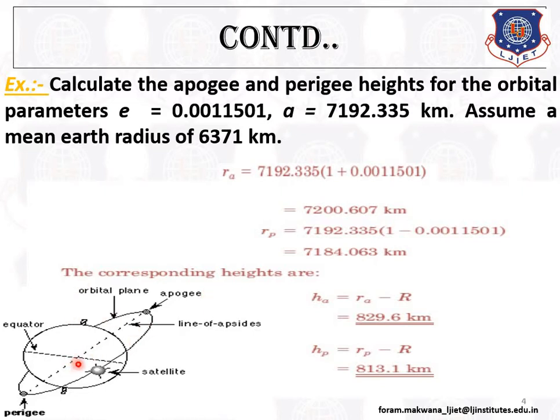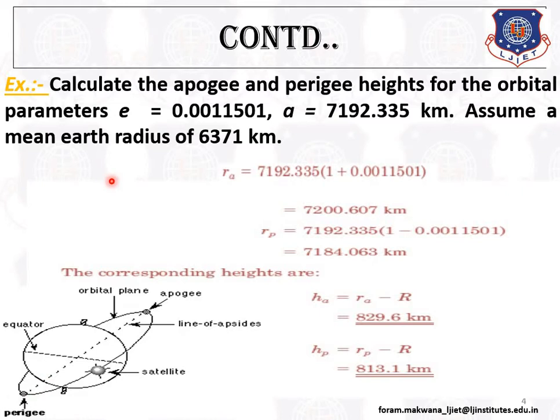We know that radius will always be calculated from the center of the earth. So if we want to calculate the radius of perigee, it is the distance from the center of earth to here. So this whole portion is the radius of perigee, and if we want to calculate the height of the perigee, we know the total distance, and we have to calculate only this portion.